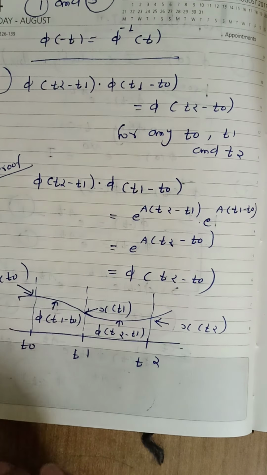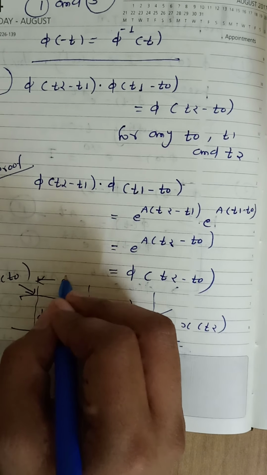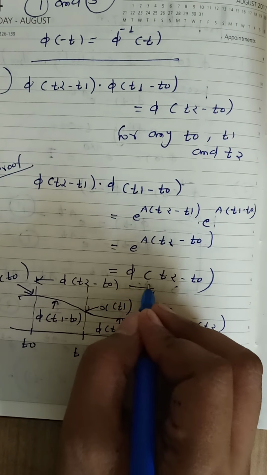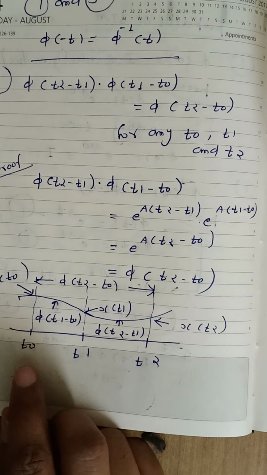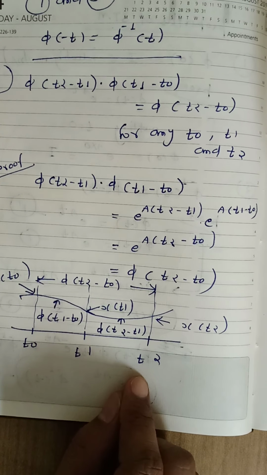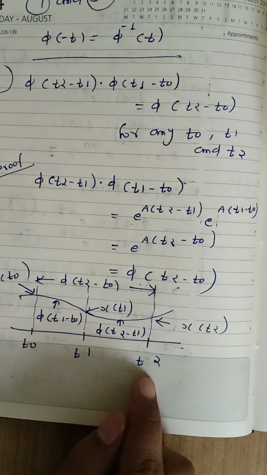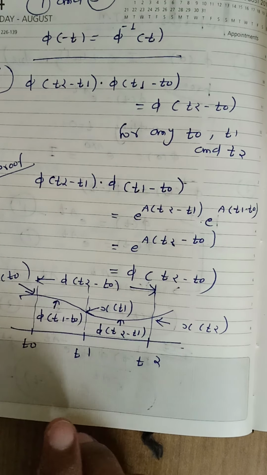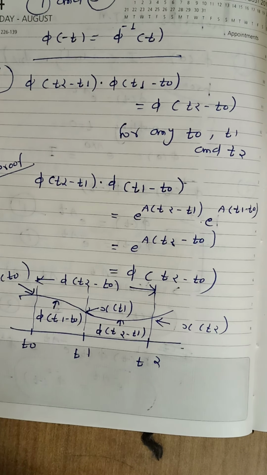If we see overall from t0 to t2, we have a state transition matrix phi t2 minus t0. So from the diagram we can say transition from t0 to t2 is equal to the transition from t0 to t1 and then from t1 to t2. In general, state transition process can be divided into any number of parts.